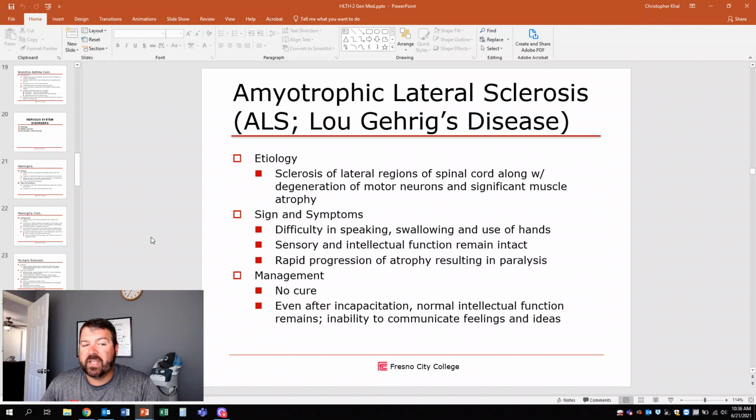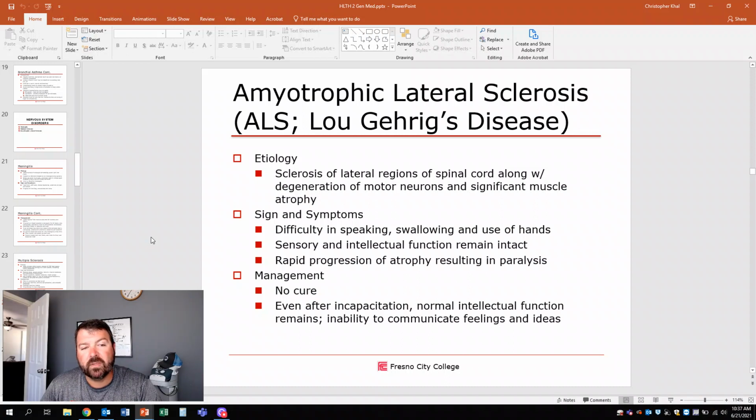Signs and symptoms: difficulty speaking, swallowing, using hands. Sensory and intellectual function remain intact. Rapid progression of atrophy results in paralysis. There's no cure for ALS. Even after incapacitation, normal intellectual function remains, with inability to communicate feelings and ideas.